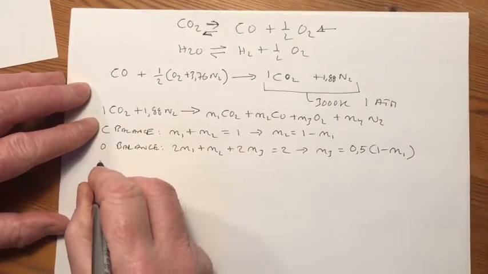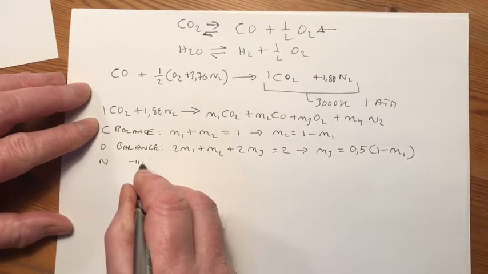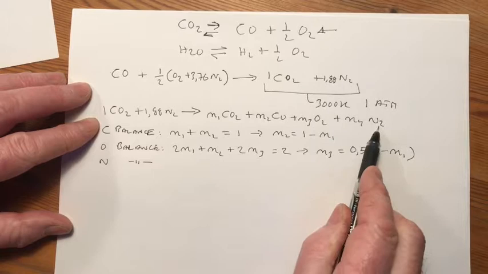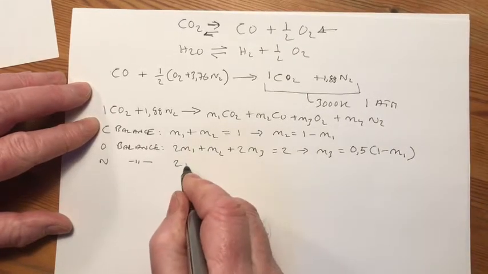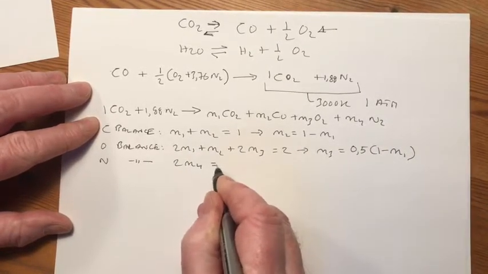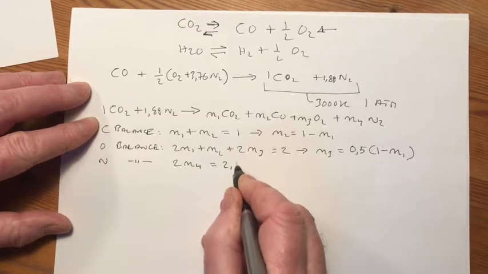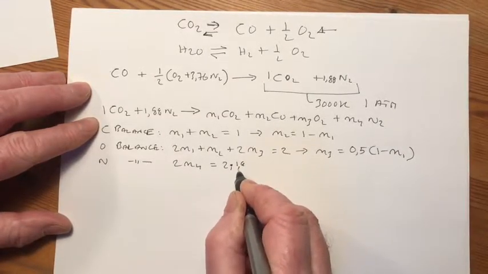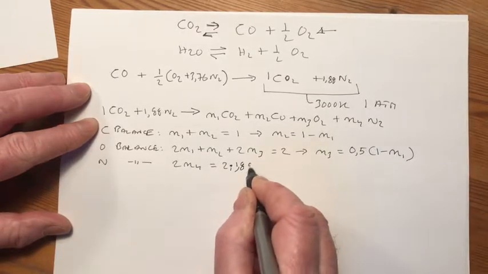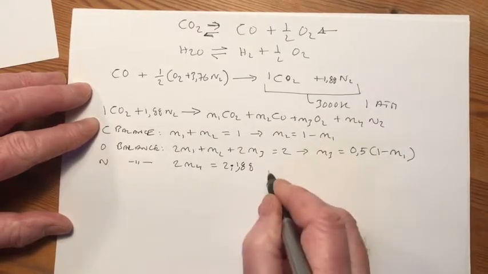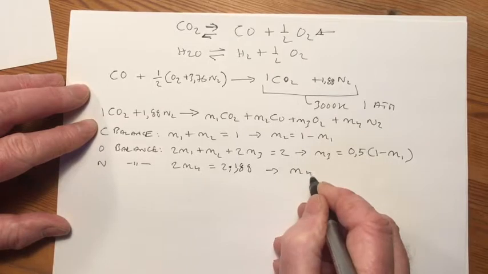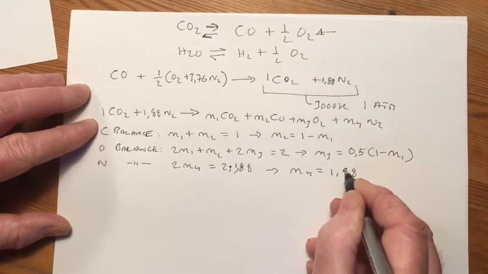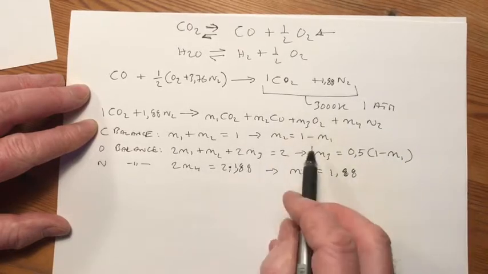Good. So now we do the nitrogen balance. And this is very simple because we have 2 times N4 is equal to 2 times 1.88. So that was easy because N4 is equal to 1.88. And we could have seen that from the beginning.